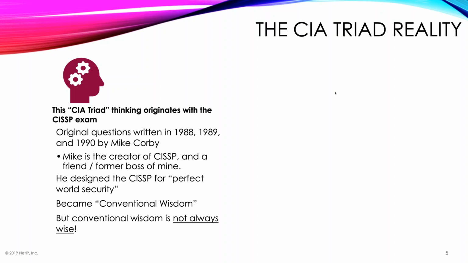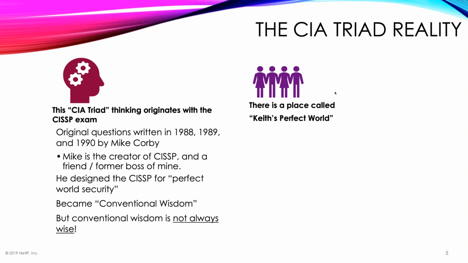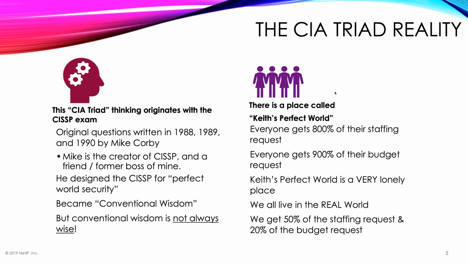Well, as an example, there's a place out there, I call it Keith's Perfect World. And in Keith's Perfect World, everybody gets 800% of their staffing requests, 900% of their budget requests. And Keith's Perfect World is an amazingly lonely place. In fact, nobody actually lives there.